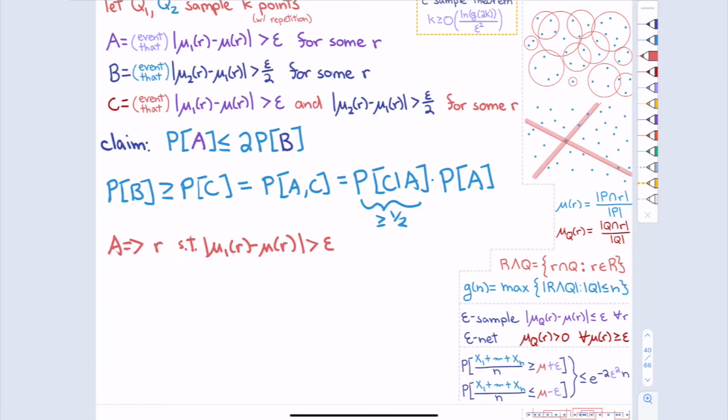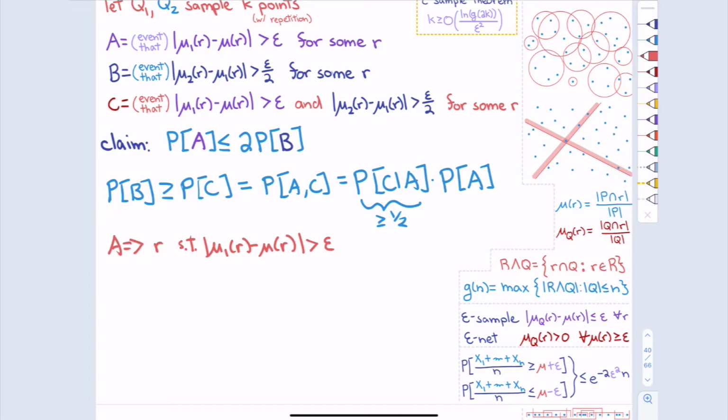Maybe to make things more confusing, A could have happened for several R's, but we just want to find some R for which C happens, knowing that at least one R satisfies A. That said, to do the proof, it is helpful to use the particular R that forced A to happen.